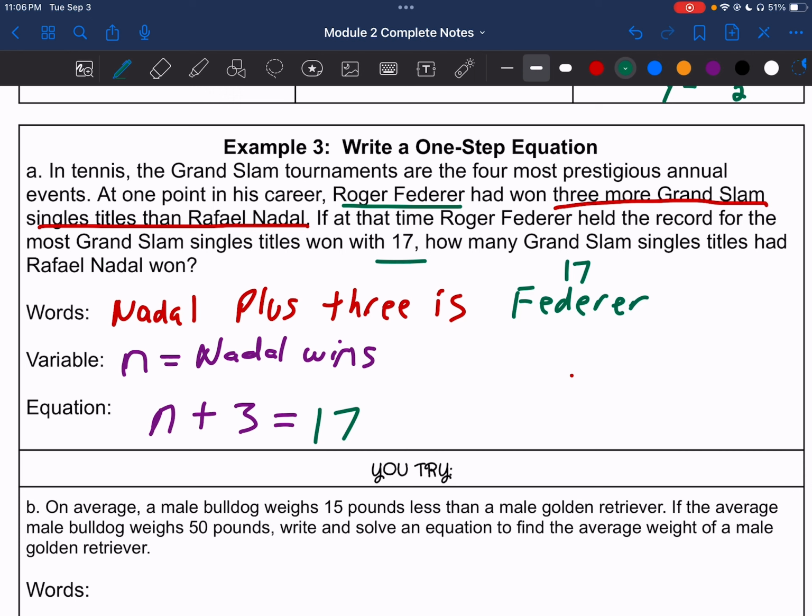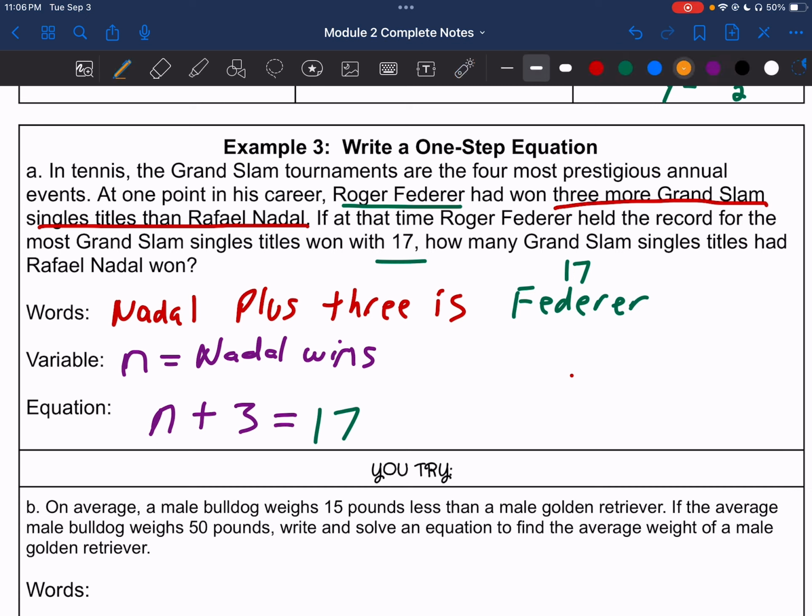If we look again, Roger Federer has won 3 more Grand Slam singles titles than Nadal, so we have 3 singles titles more than Nadal is 17. And it asks us how many Grand Slam titles.